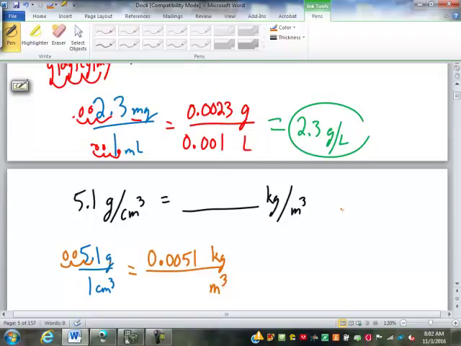Cubic centimeters changing into cubic meters. I have to move how far? 2 spots on the chart, but it's cubed, so I have to move the decimal point 6. So if I divide those out, 0.0051 divided by 0.000001, 5,100 kilograms per cubic meter.